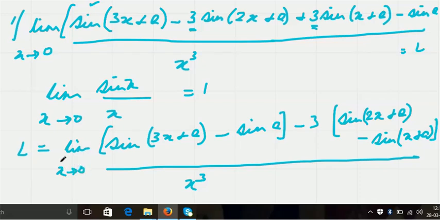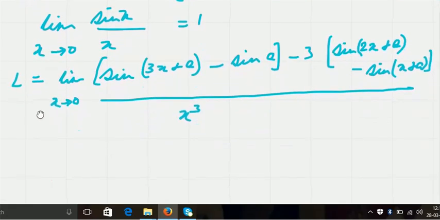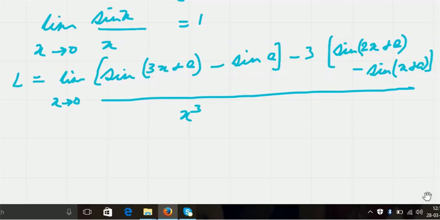Now we use the trigonometric identity, a formula we have learned in trigonometry.